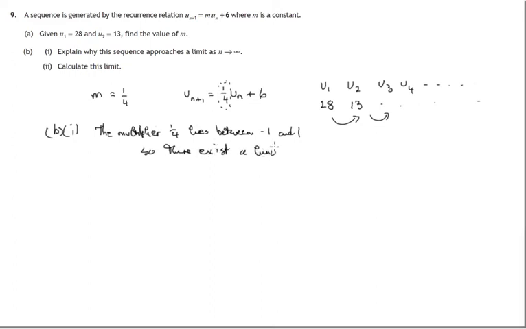And let's call it L, because we don't know what it is yet. As we go along the line of values, eventually they'll level out and reach some number L that we don't know as yet. And we're asked to calculate that limit.